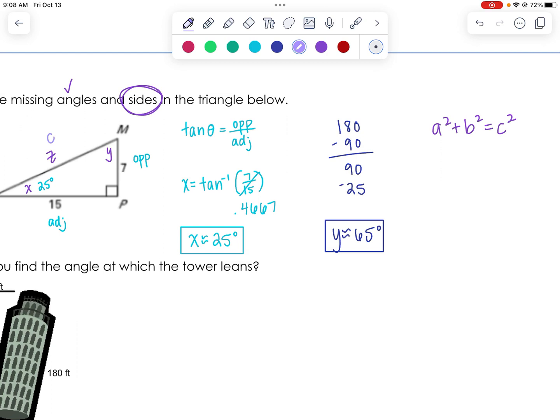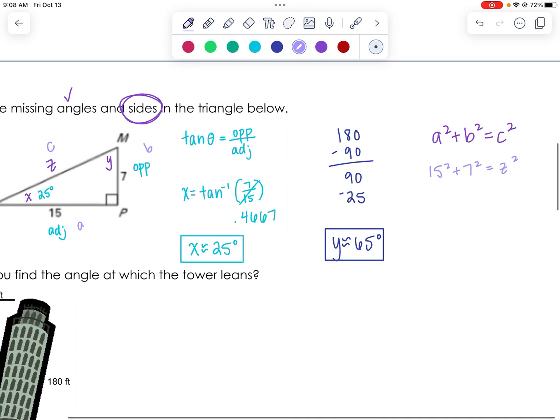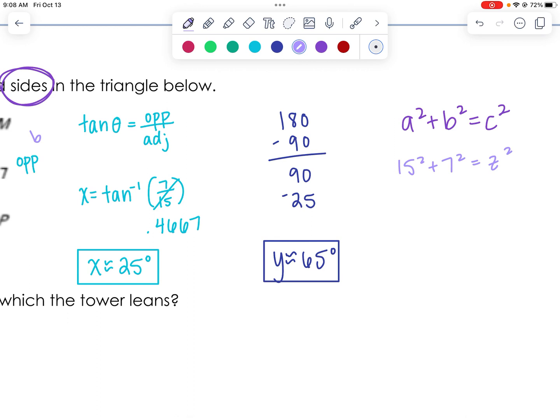And then a and b. So I'm going to say 15 squared plus 7 squared equals z squared. Okay, and hopefully you know these ones because we've talked about them before. So 15 squared is 225. 7 squared is 49 equals z squared. Remember, whenever you're looking for a hypotenuse, you add.